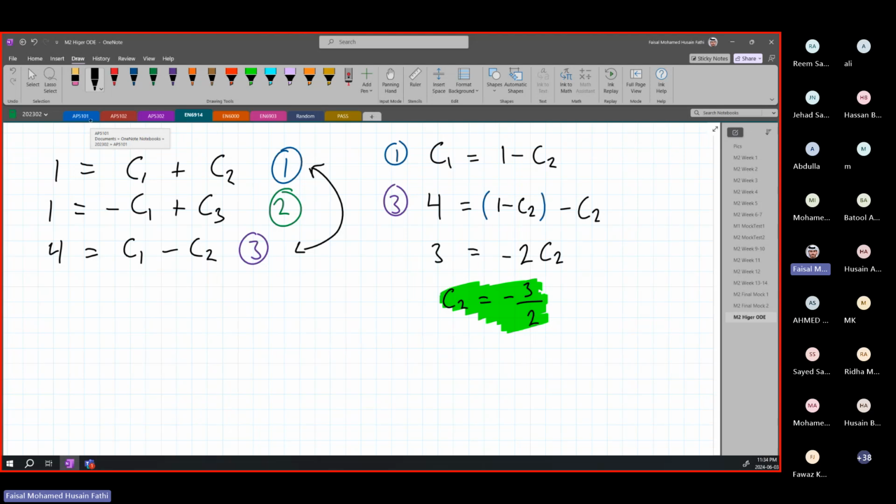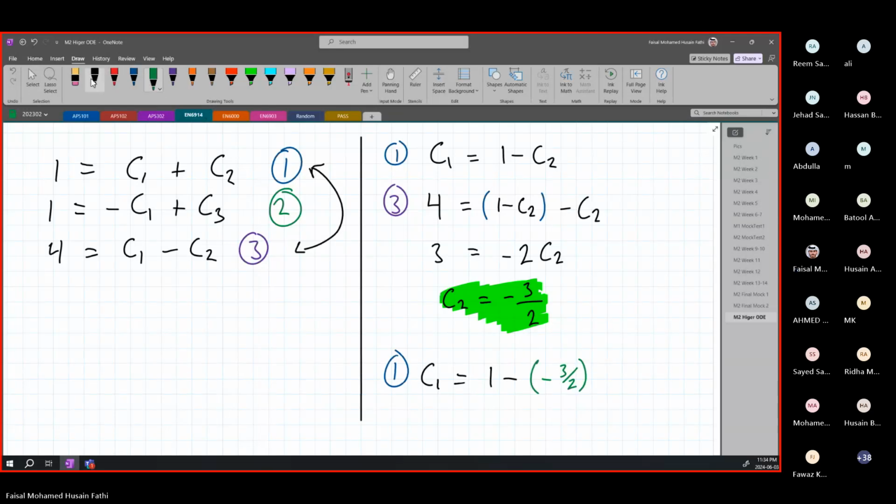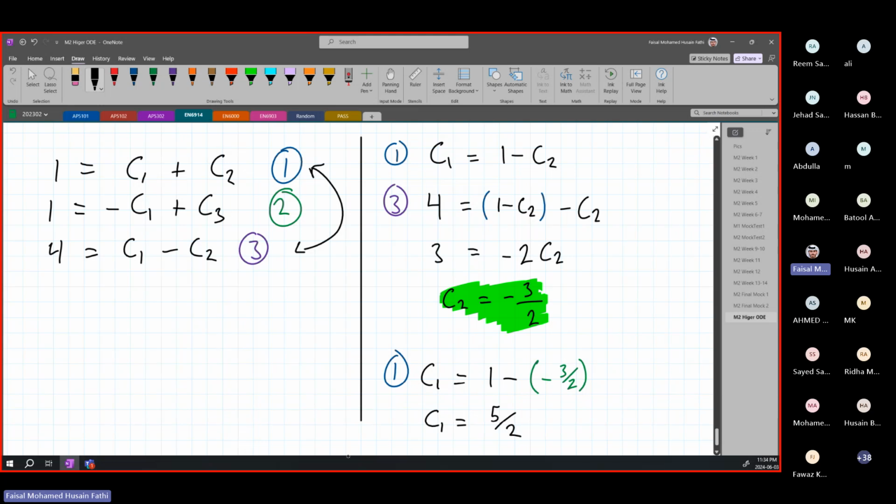Now that we have found C2, we can plug C2 back into equation 1. So from equation 1, C1 is equal to 1 minus C2, which is negative 3 over 2. So our C1 value is equal to 1 plus 3 over 2, which is 5 over 2. Now we have found our second constant, which is C1.